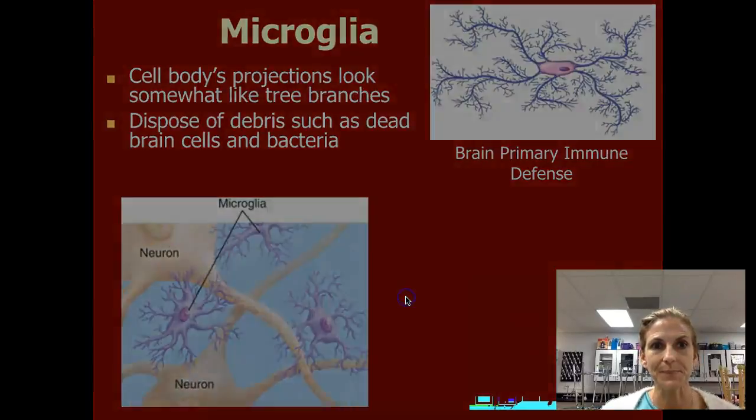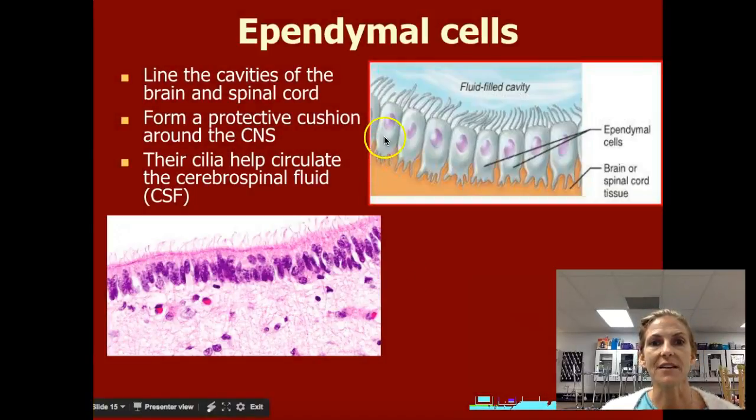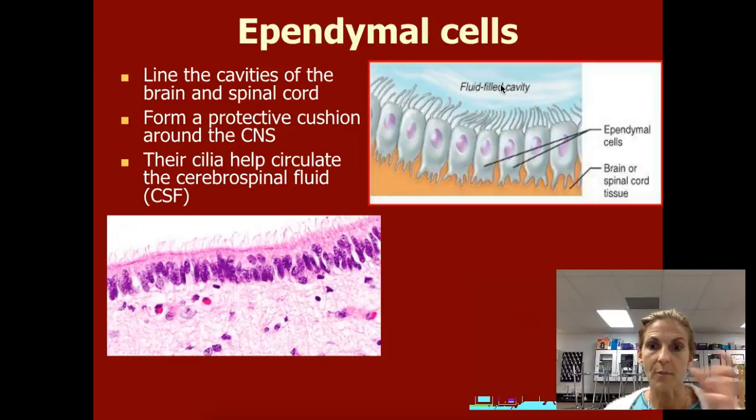Ependymal cells, so these are modified, perhaps, epithelial cells. They have cilia, and they line the brain and the spinal cord. So here you have an open space. So you have some ventricles in your brain that have open spaces. When you look at the spinal cord, there's some open space in there as well.